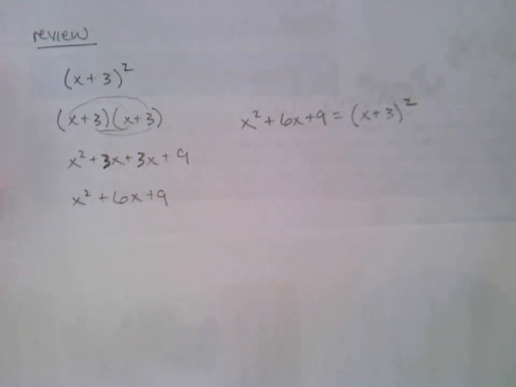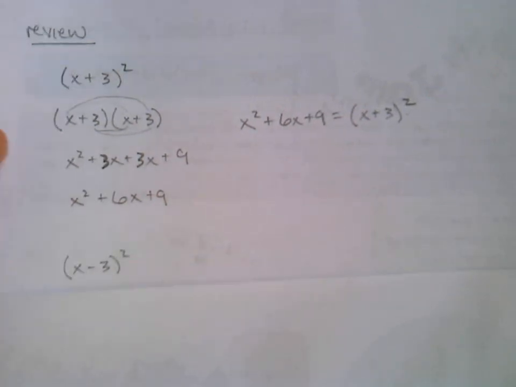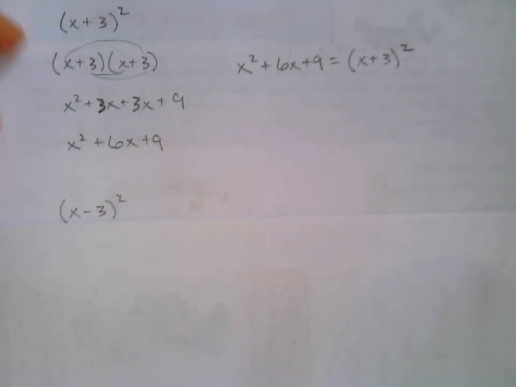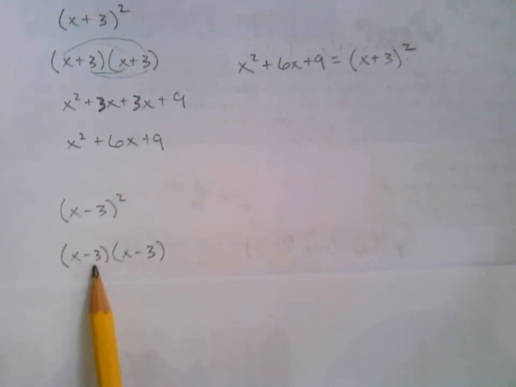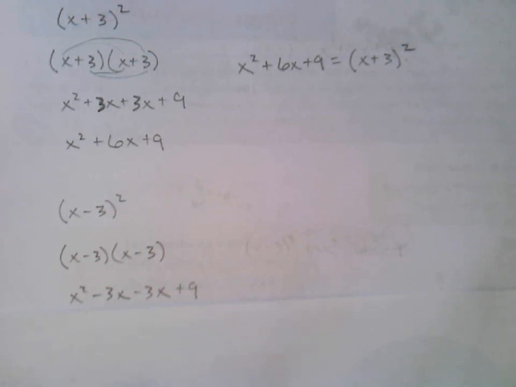I also would like to look at the subtracting case, x minus 3 squared. Well, we can go about it the same way. Let's call that x minus 3 times x minus 3. Then we'll need to FOIL, like so. And we'll combine those terms in the middle.